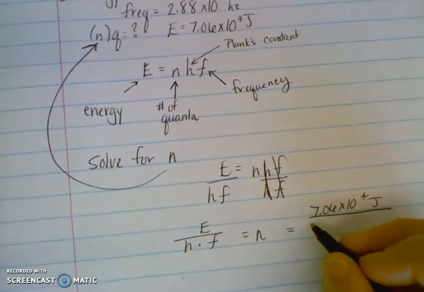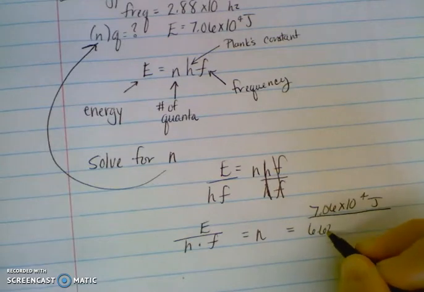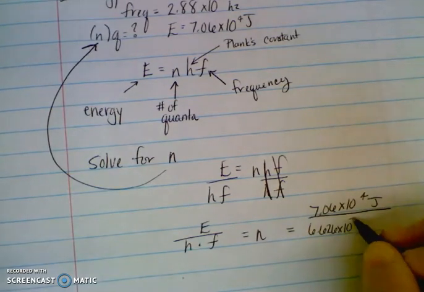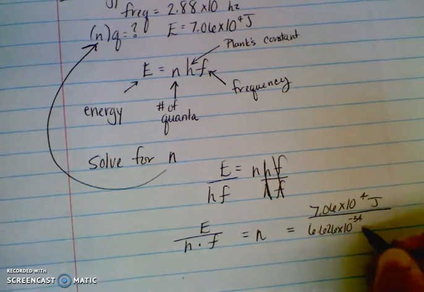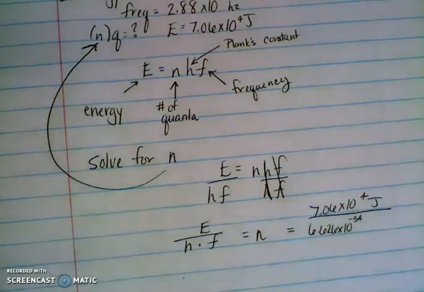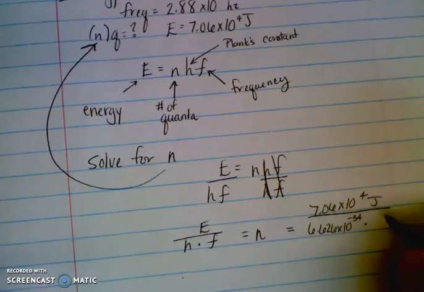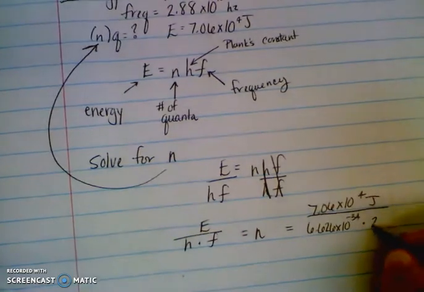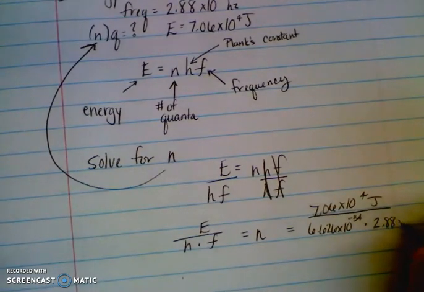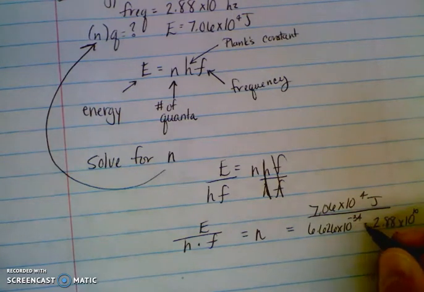Planck's constant is 6.626 times 10 to the -34. And my frequency is 2.88 times 10 to the 10 hertz, which is actually per second.